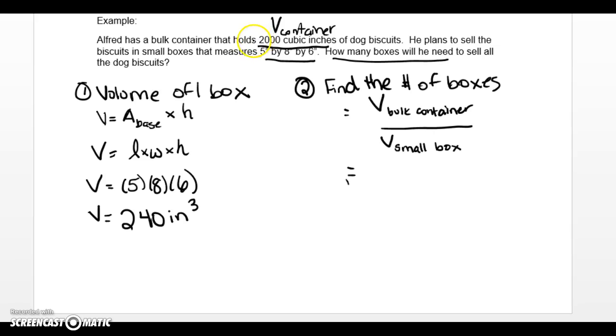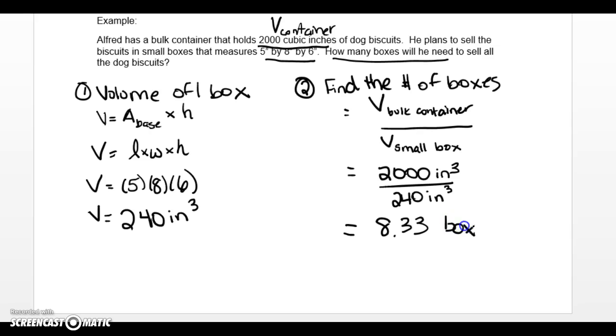Here we're given that it is 2,000 cubic inches for your bulk container, and we know that one box has 240 inches cubed. If you put that into your calculator, we should find that 2,000 divided by 240 will give us 8.33 boxes.